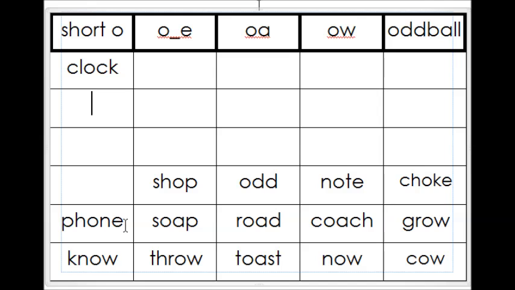But I know that magic E, like when we used last week in long vowel I, it makes the vowel say its name. So look, that's a rule. No matter what vowel comes before that magic E, that magic E is making the vowel say its name. This week, the magic E is making the O say its name.